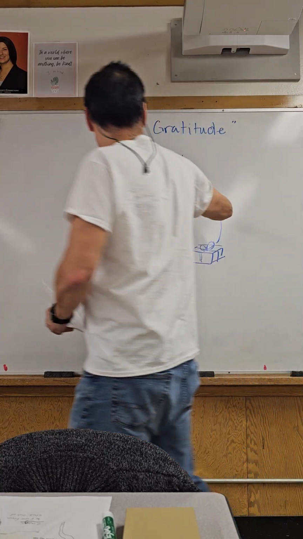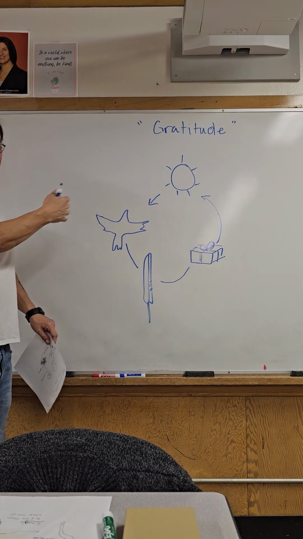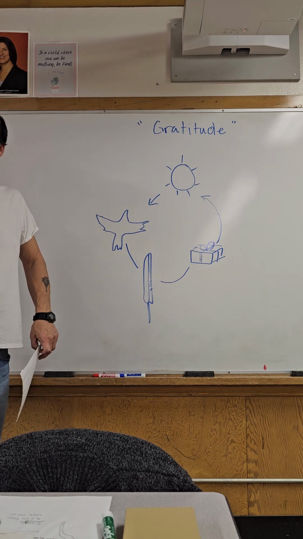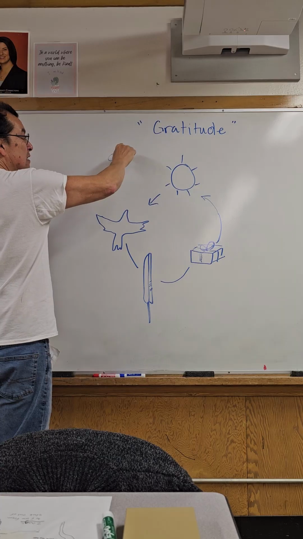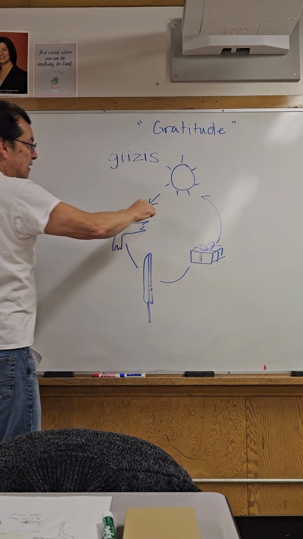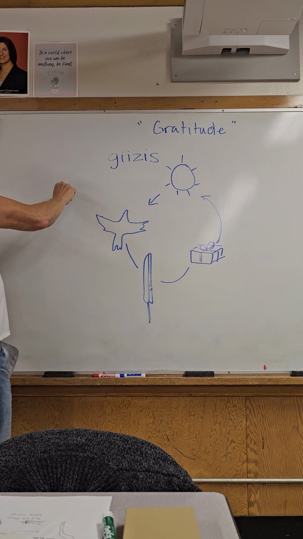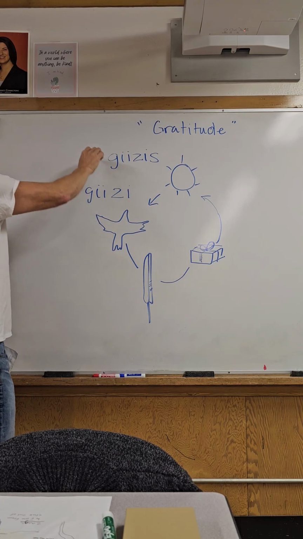So this is how the feeling of gratitude was explained to me, and how it should feel. First up here you have the sun, which is Jesus, and up in that same space you have the Megize.